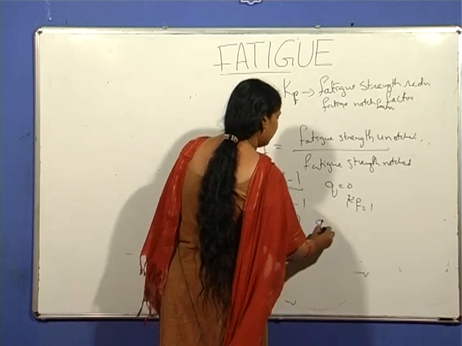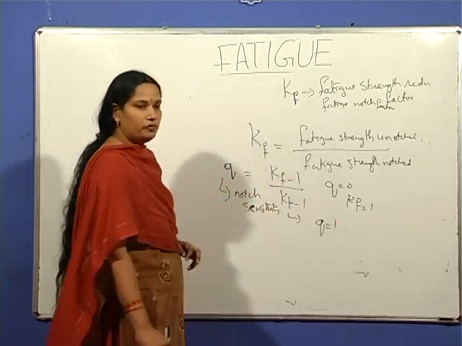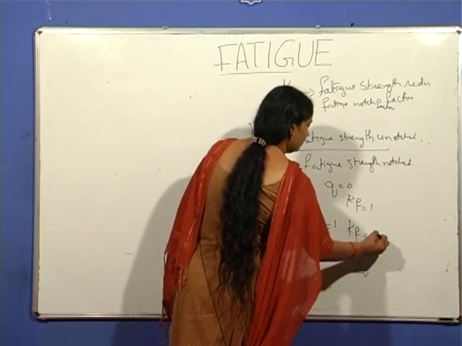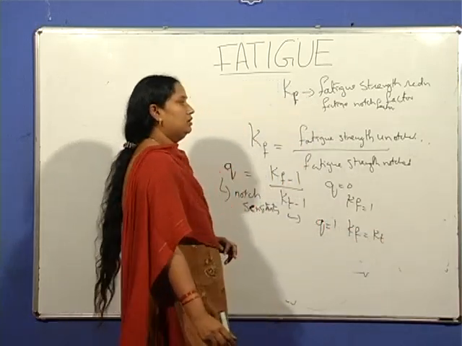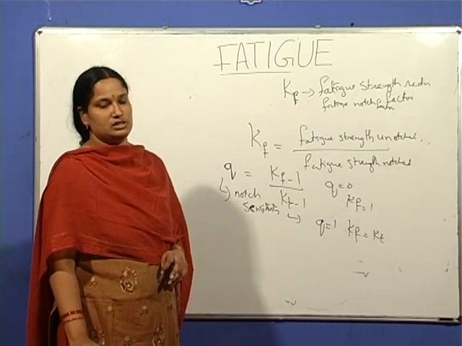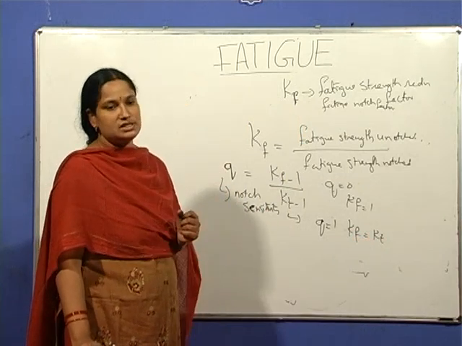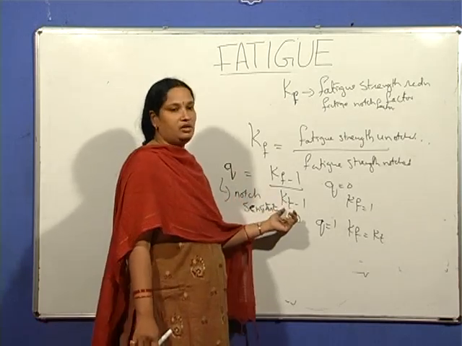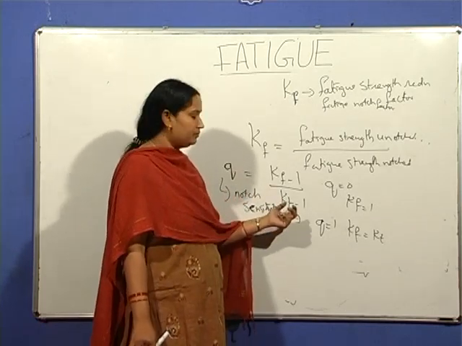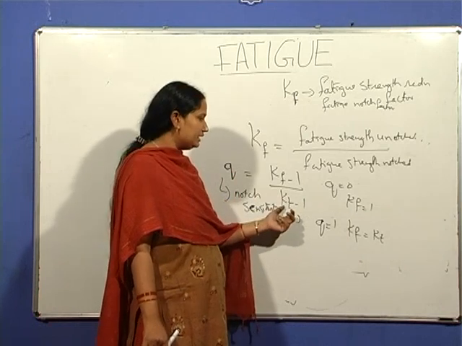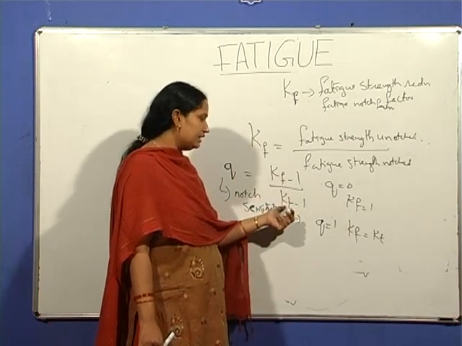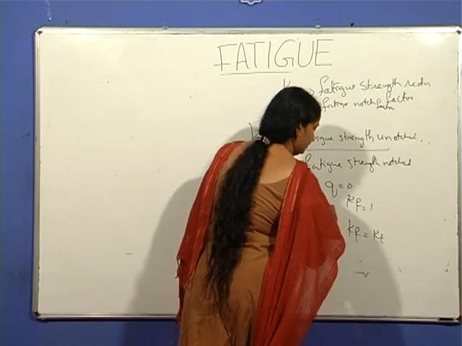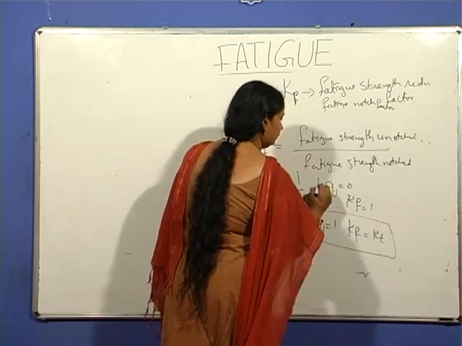And q is equal to 1 for the case when Kf is equal to Kt. That means the fatigue strength has reduced in the presence of a notch, and it has reached the theoretical stress concentration value, Kt.